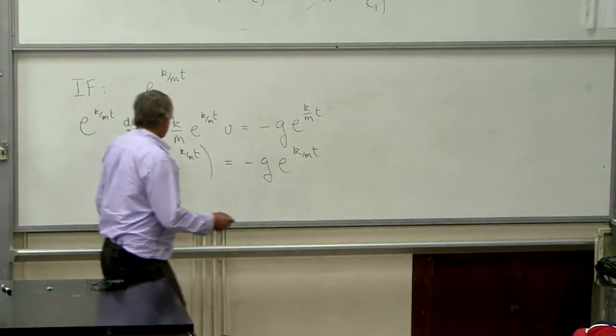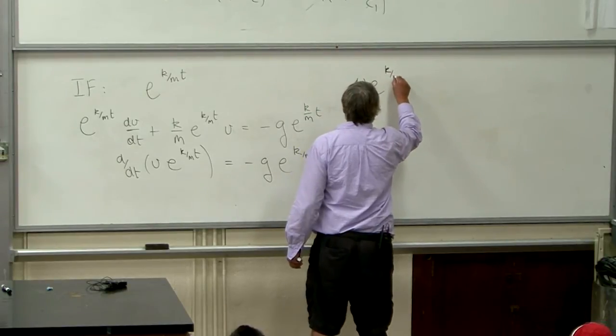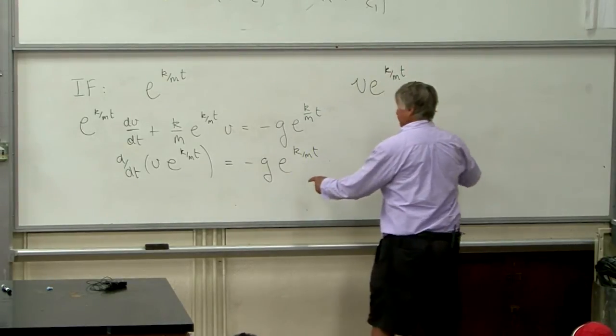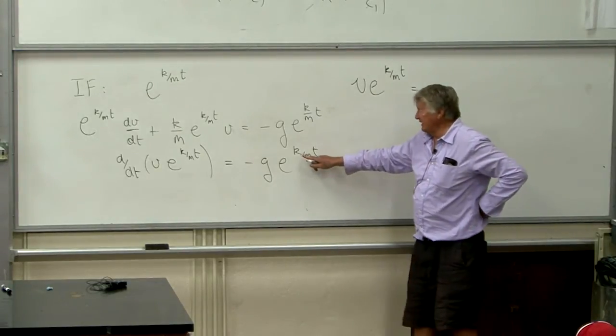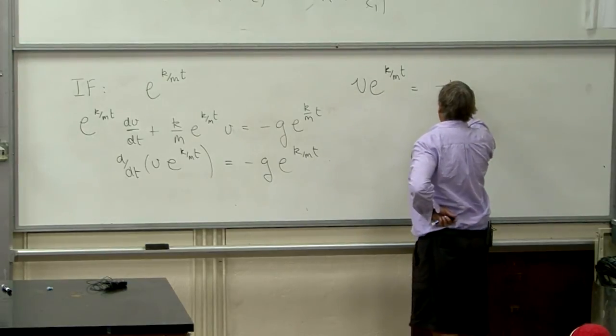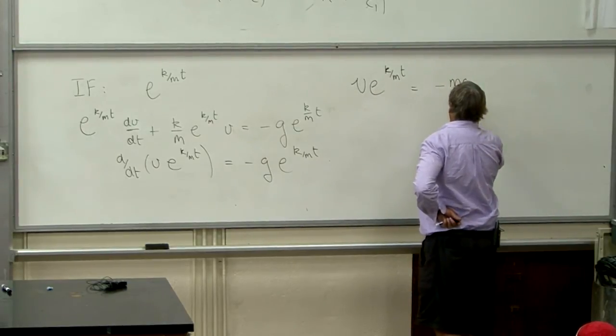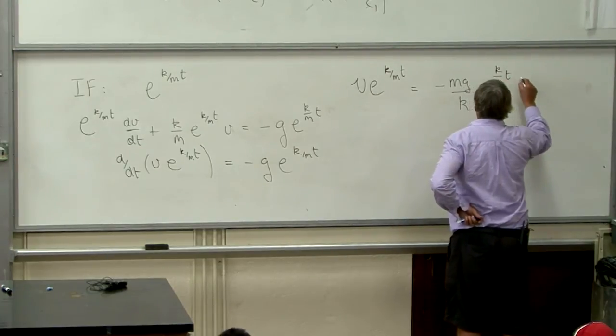Integrate. V times e to the k over m t equals, when I integrate e to the k over m t, I get e to the k over m t over k over m, which is minus mg over k, times e to the k over m t, plus a constant.